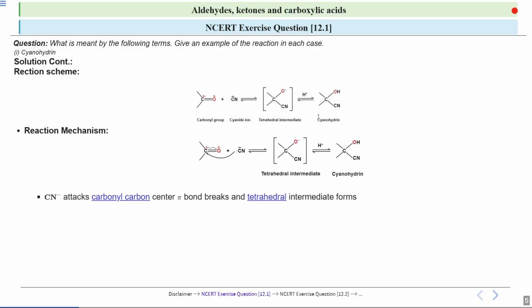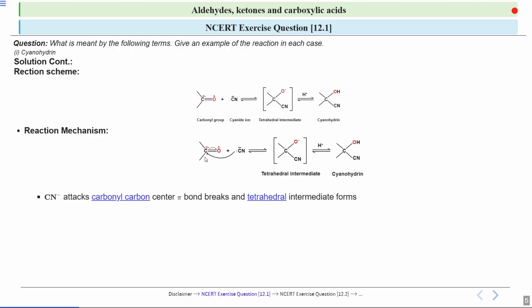So first let us see what happens. This CN- ion, or cyanide ion, attacks the carbon atom of the carbonyl group. If you see, the charge on this carbon is partially positive, which is a good target for a nucleophile to attack.